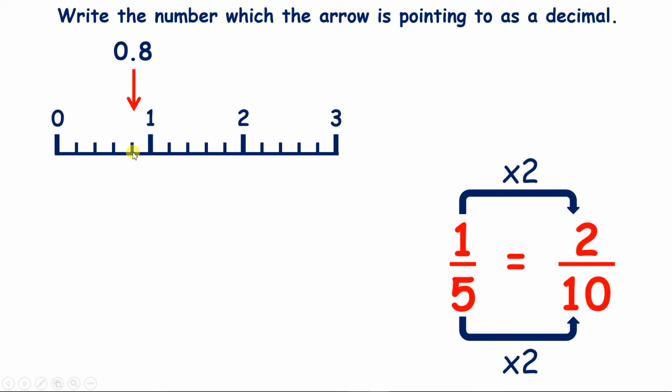Now the other way to work this out would be to think, well, the arrow is 4/5 of the way along to 1. And 4/5, if we change 4/5 into tenths, it's going to give us 8/10, so 0.8.